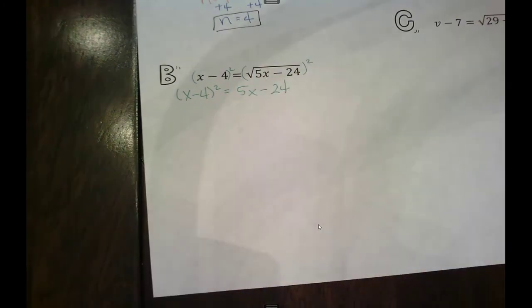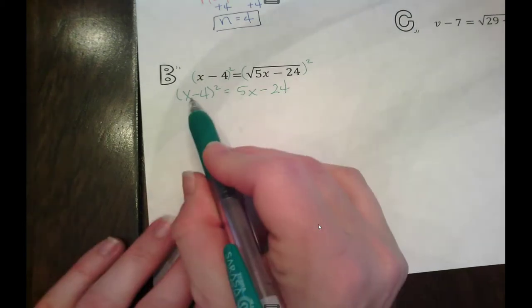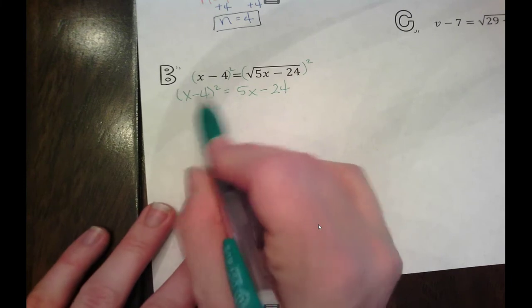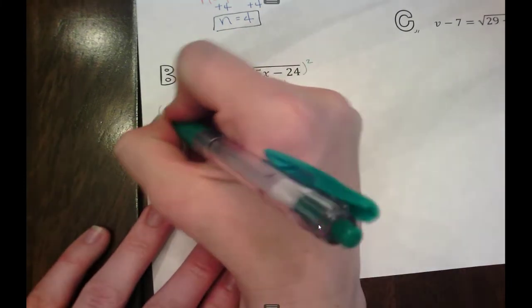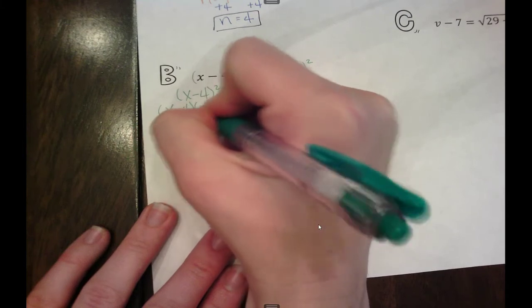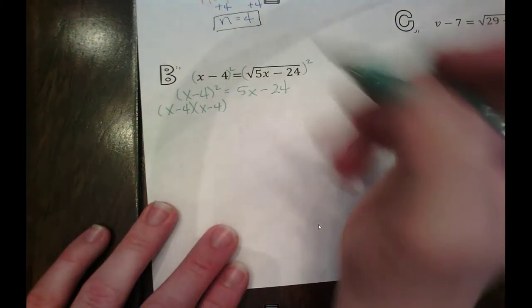All right, here's one of the more tricky parts. First thing we need to do is multiply this out. Remember, this is x minus 4 times x minus 4. And we have to FOIL.